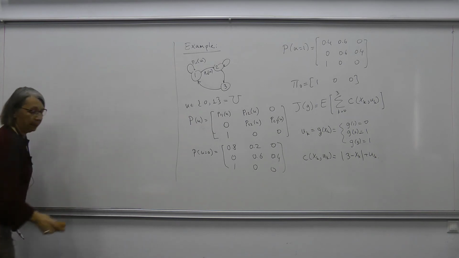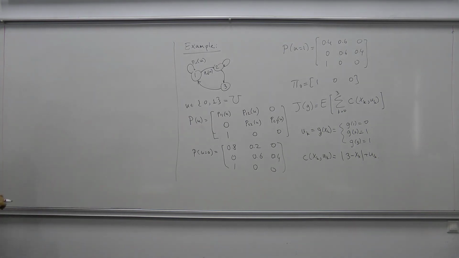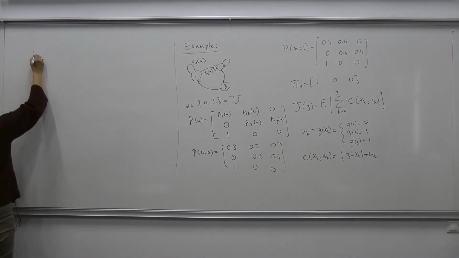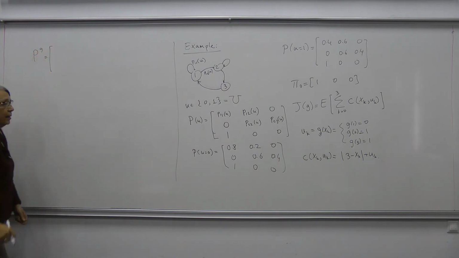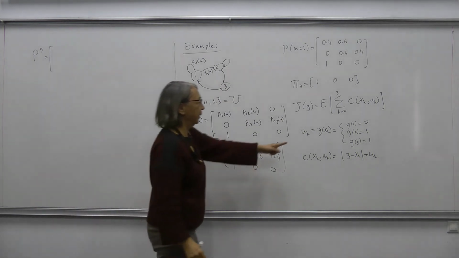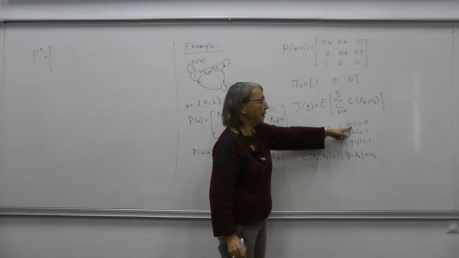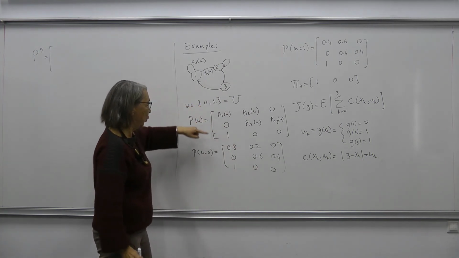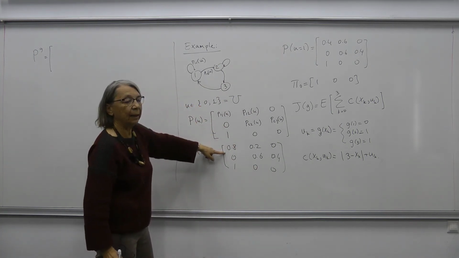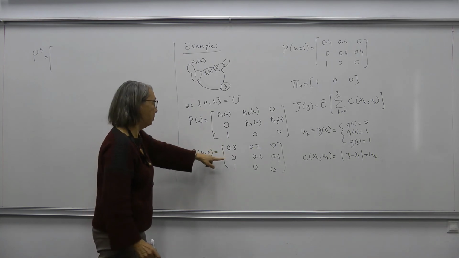The first step in this recursive computation is, of course, obtaining the matrix PG. Since G is given to us here as that G of 1 is equal to 0, if we are in the first state, we will use this part of our P vector.